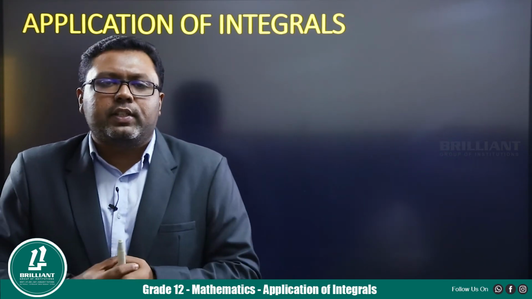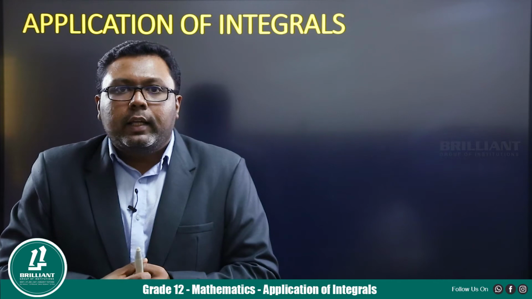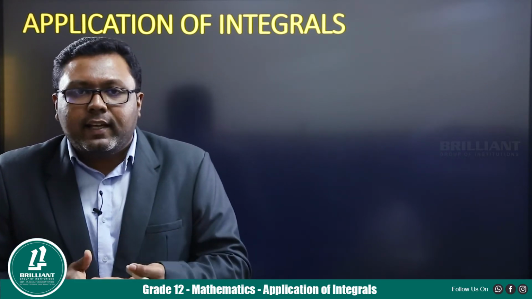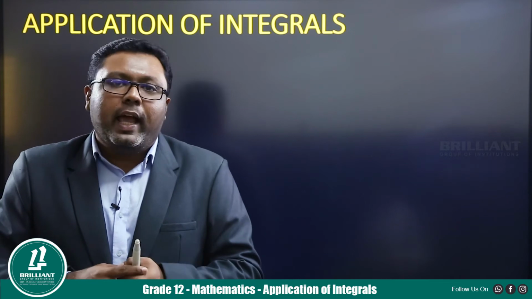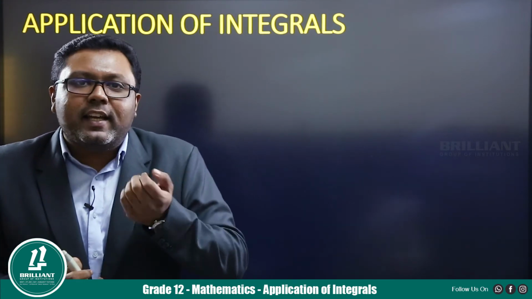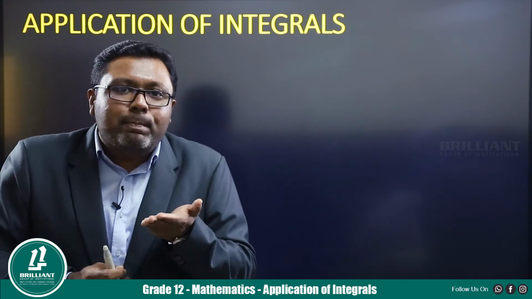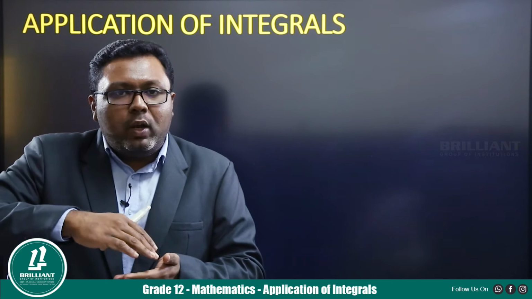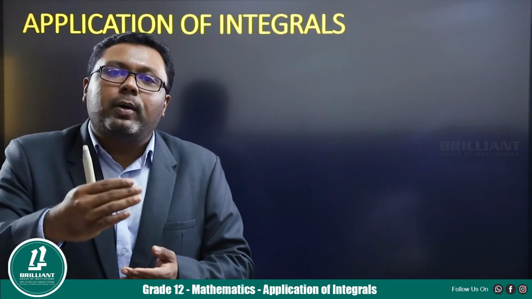Now let's consider a situation where the area divided by the x-axis and the two abscissas are one above the x-axis and one is below the x-axis. So the curve is fluctuating below the x-axis and above the x-axis.